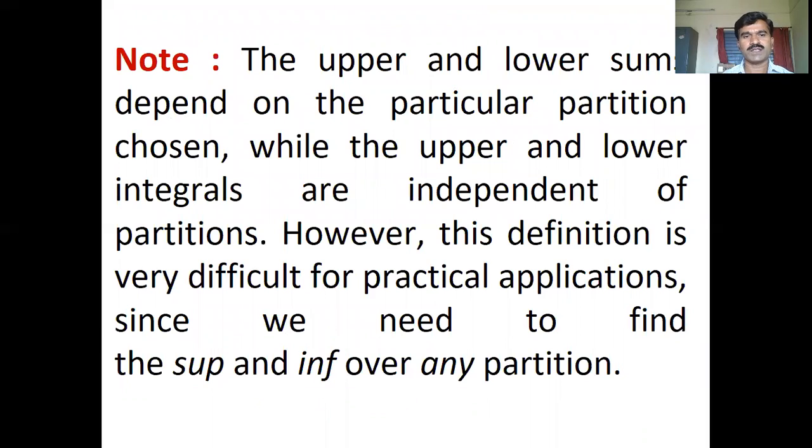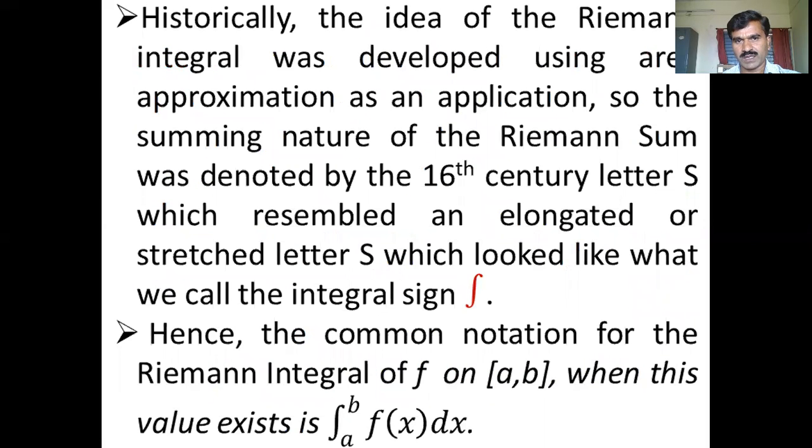So let us make some notes on these concepts. The upper and lower Riemann sums depend on the particular partitions chosen, and the upper and lower integrals are independent of partitions. However, this definition is very difficult for practical applications, since we need to find the supremum and infimum over all partitions. Historically, the idea of the Riemann integral was developed using area approximation.